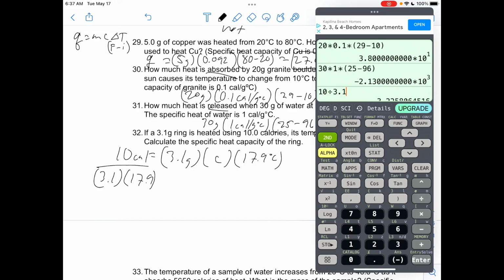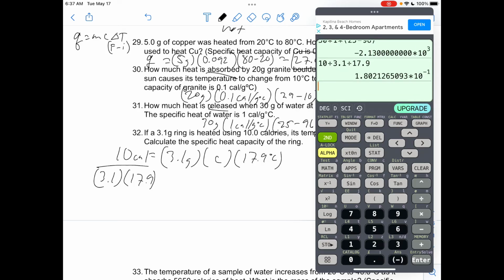Or you can put the whole bottom part in parentheses in your calculator. So C is going to be equal to 0.18 calorie per gram degree Celsius.